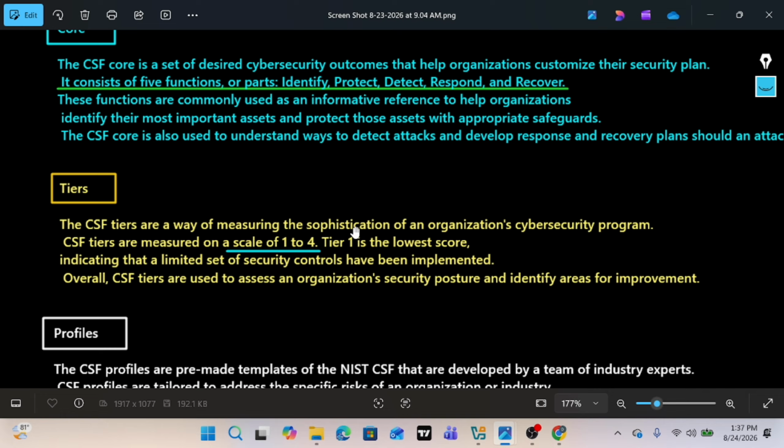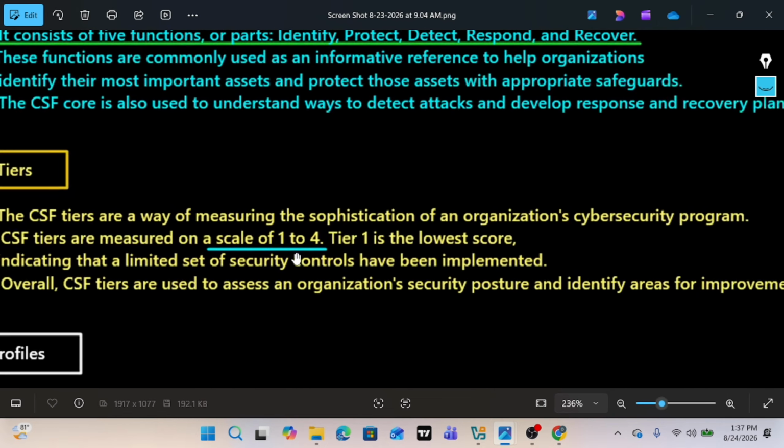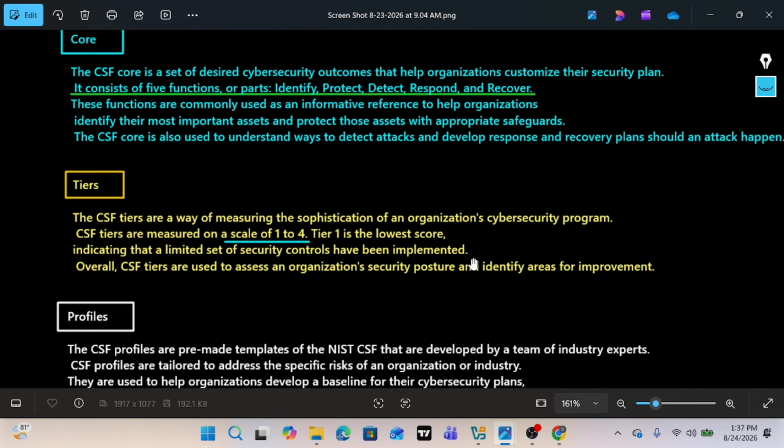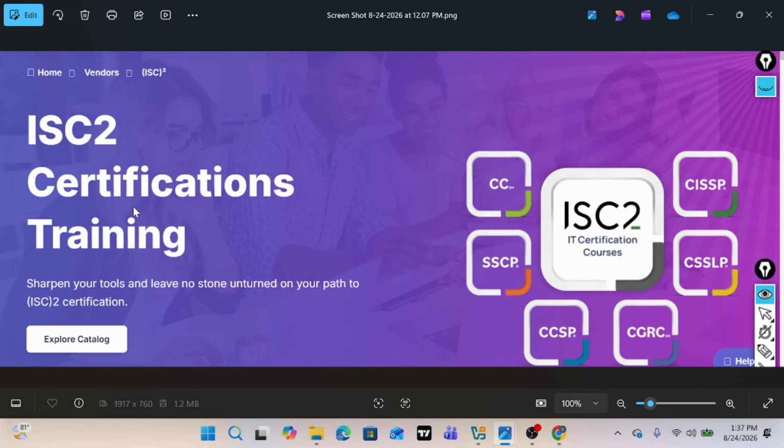Just imagine if they checked your security posture, checked everything, your infrastructure, and you fall under tier 4, that shows that the organization's security posture is improving and is very, very strong. Alright, so that is it about that.